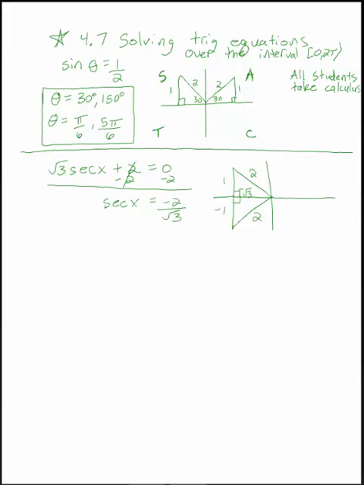So that means it's a 30, 60, 90 with a reference angle of 30. So my answers for x are going to be 150 and 210 degrees, which is 5 pi over 6 radians and 7 pi over 6 radians.